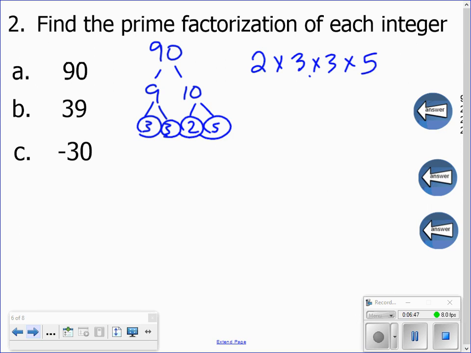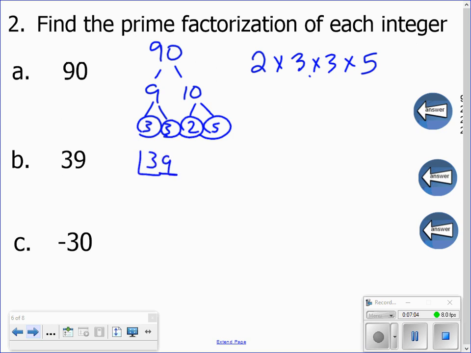Now, we do the same thing for 39. Now for 39, I don't necessarily need a factor tree for this one. I could break it up into a factor tree, but another method that we could use here is called the ladder method. So I could put 39 inside. I look for a prime number that goes into 39.